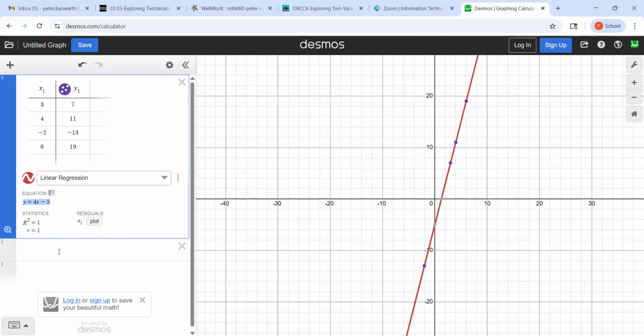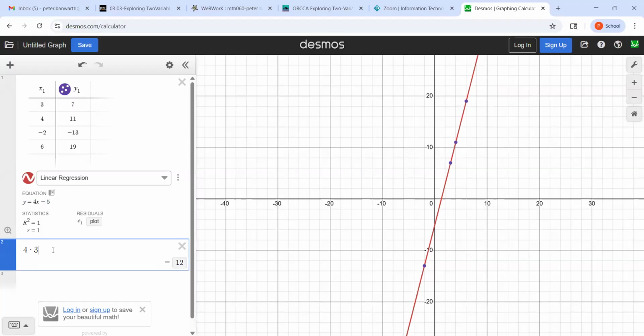And you can test it, and I want you to test it by, in Desmos, just taking that formula and plugging your x in. So we can do 4 times 3 minus 5, and I got 7, just like I wanted to. The 4 comes from the y equals 4x, and the minus 5 comes from y equals 4x minus 5. 4 times 3 minus 5 is 7.